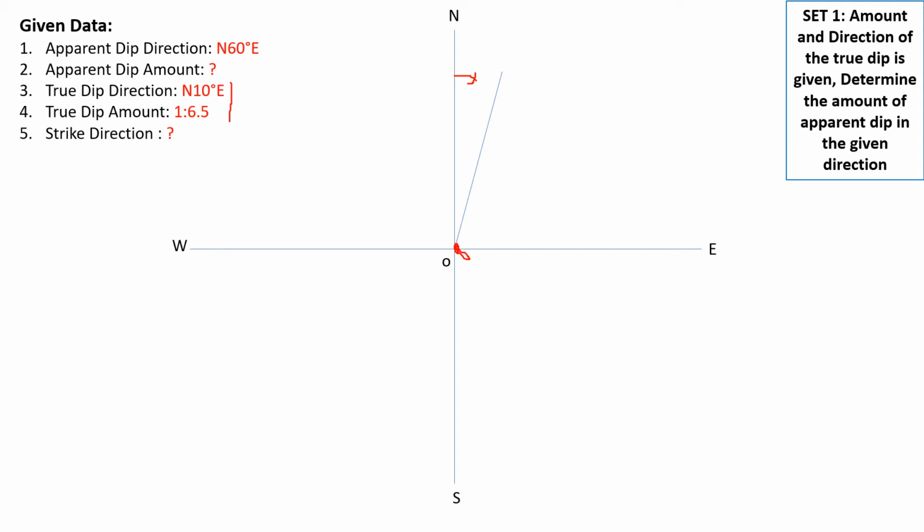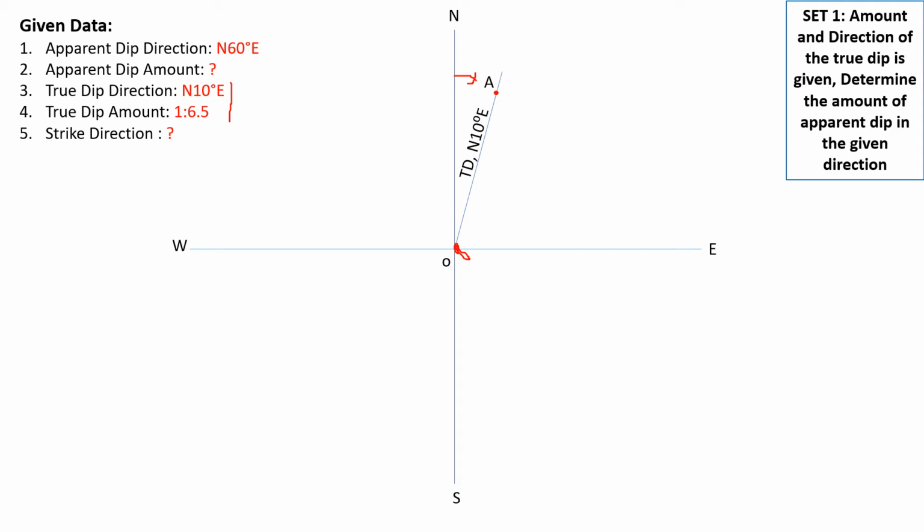I'll write down that this line is the true dip, north 10 degrees east. Then I'll measure 6.5 from point O on this line and mark it as point A.